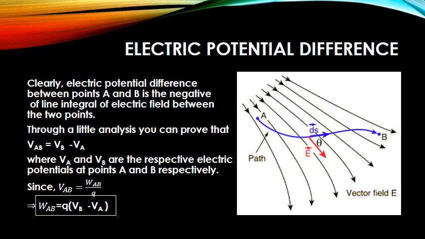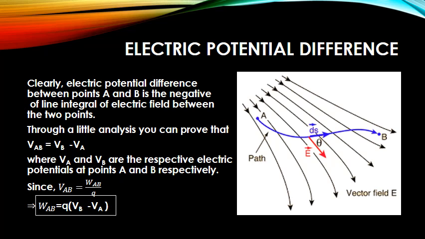A little mathematical application and the application of concept of electric potential will help you prove that electric potential difference between points A and B is equal to the difference between electric potentials at point B and point A. I leave that as an assignment for you.